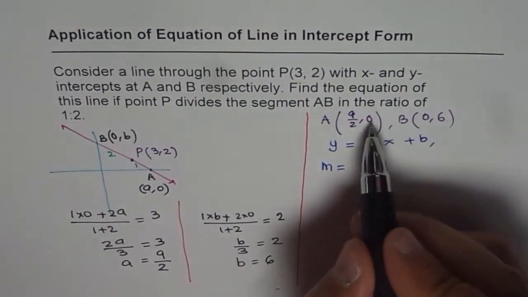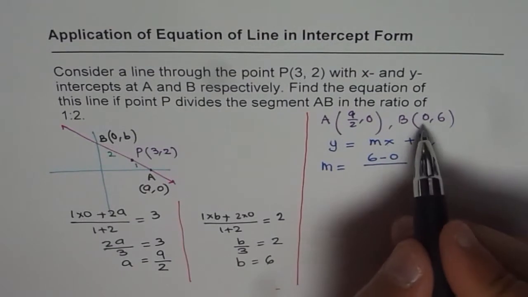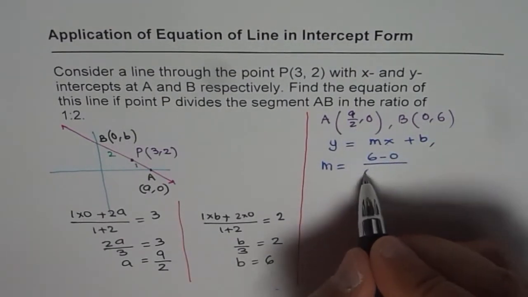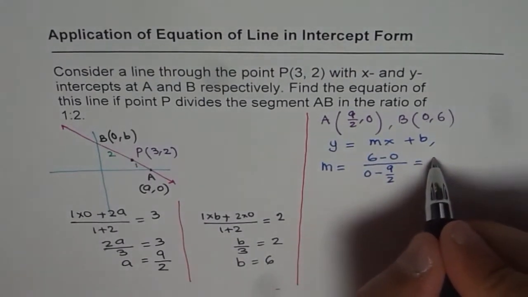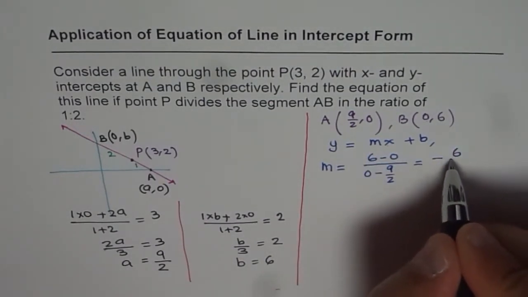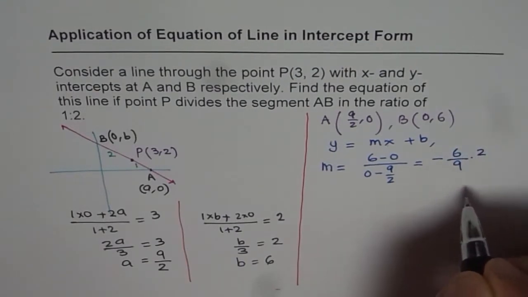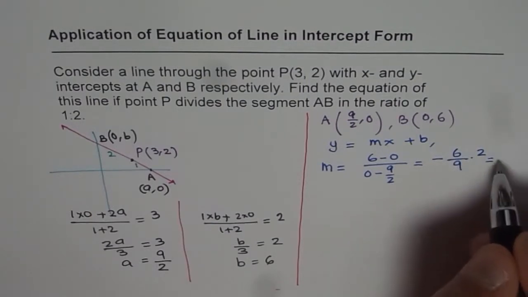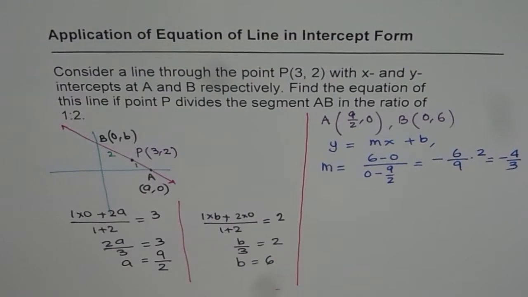So what is m equal to? m is y2 minus y1, which is 6 minus 0, divided by x2 minus x1, that is 0 minus 9/2. So that gives us negative 6 over 9/2, so we can multiply by 2, and we can divide by 3, so we get minus 4 over 3. So that is the slope of this line.